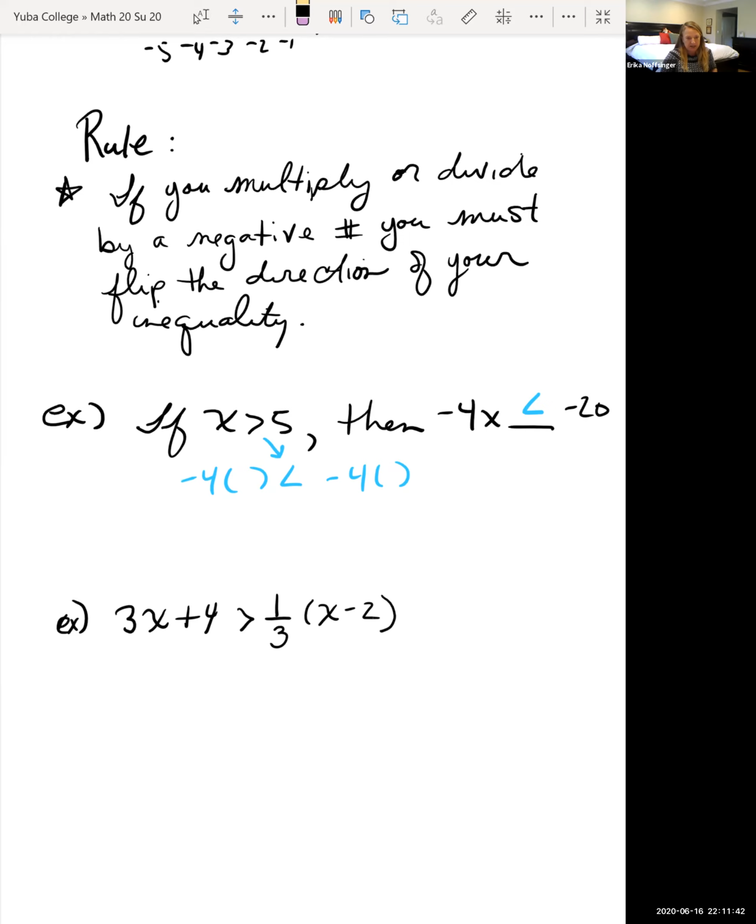Okay, so we're going to basically solve this just like there was an equal sign in there, and just worry about if we're multiplying or dividing by a negative, we have to switch that sign. So when we're solving linear equations, and this is linear, we simplify both sides down. I can distribute the 1/3 inside the parentheses, but I don't like dealing with fractions.